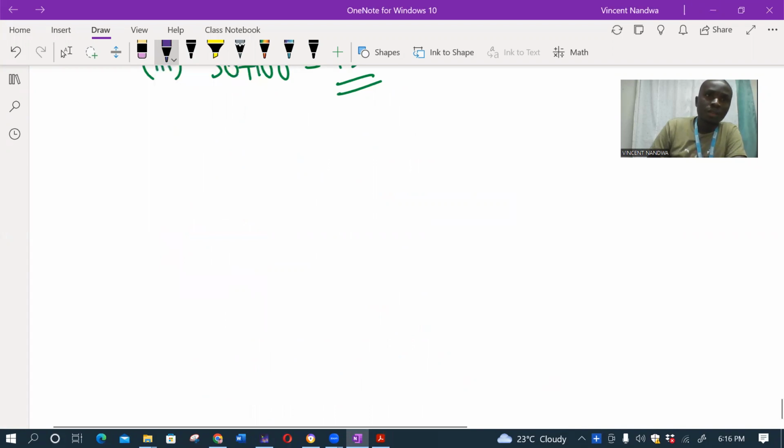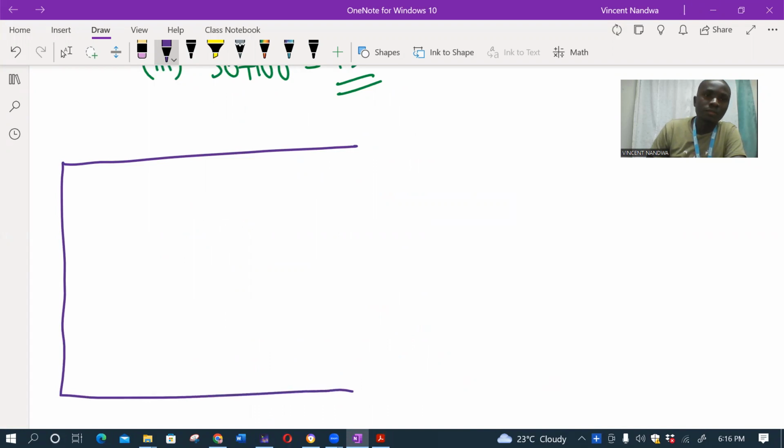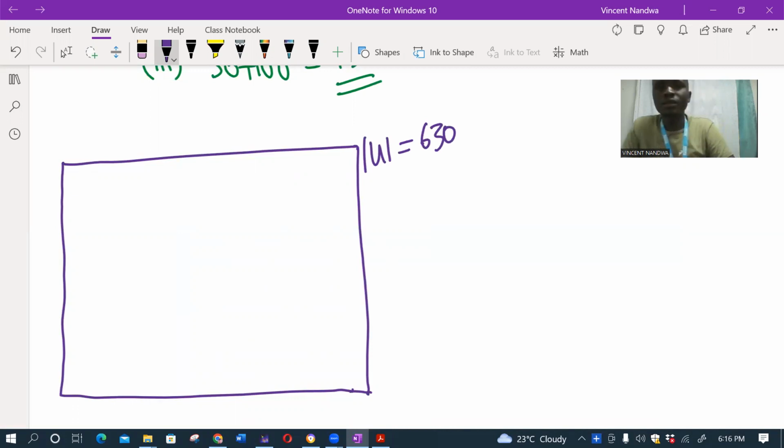So let this be the universal set. And without loss of generality, the cardinality of the universal set is 630.